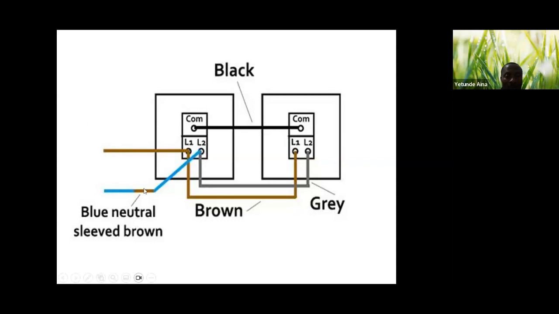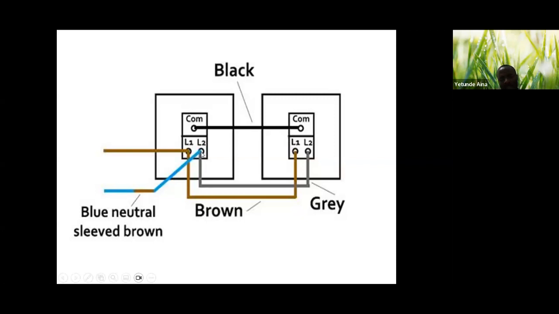So that one will now come to line 2. For a two-way switch, it has line 1, line 2 and common. So the live now has been connected to line 1. Then the other line, that is another blue cable, has been connected to line 2.